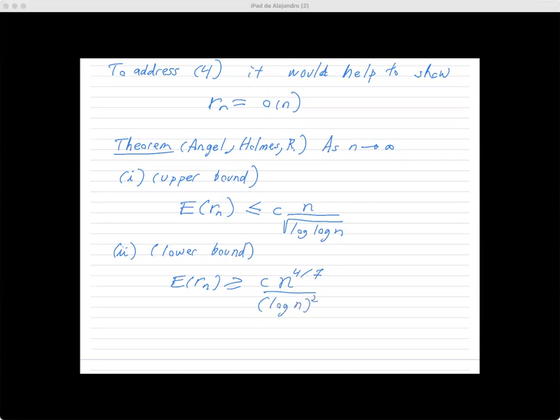This is not so important. n to the power of 4/7 is the important part. Okay, so this shows that actually you do have this behavior that the range is little o of n, so the range is asymptotically smaller than n. Of course, this is the two-dimensional case.